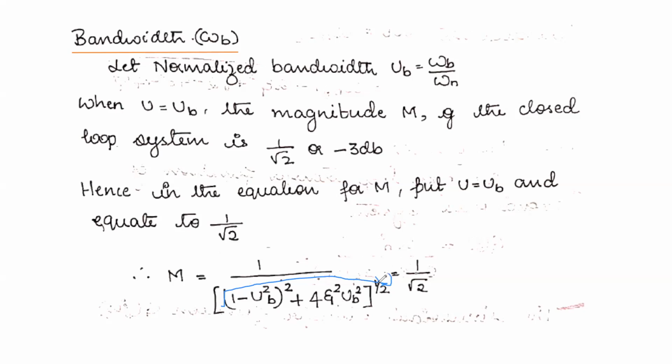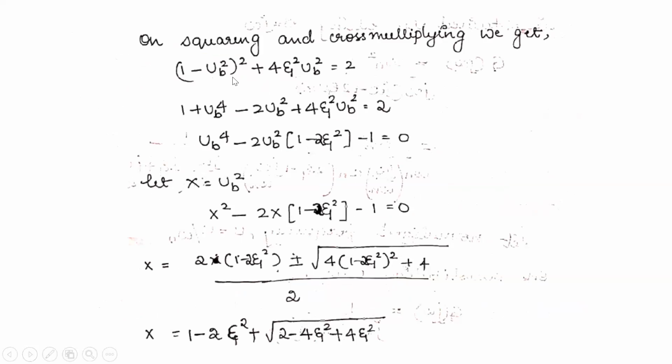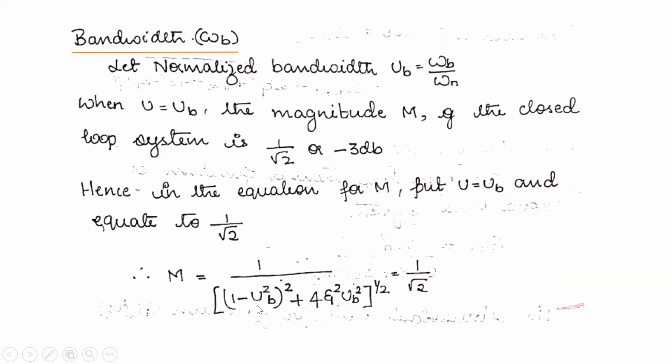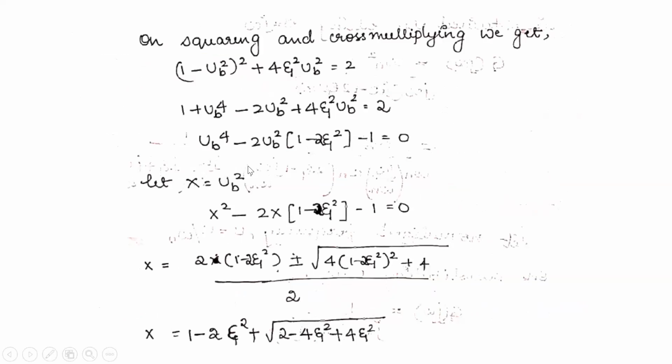This half represents a root, so the root and this root cancel. Then equate the two values in the denominator, and you get this expression. It is converted to a quadratic expression.